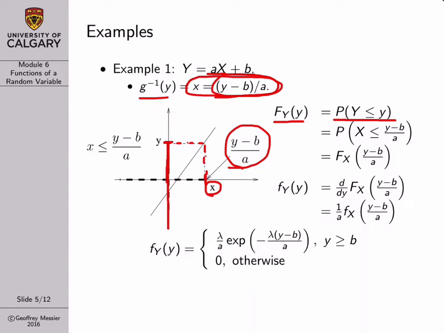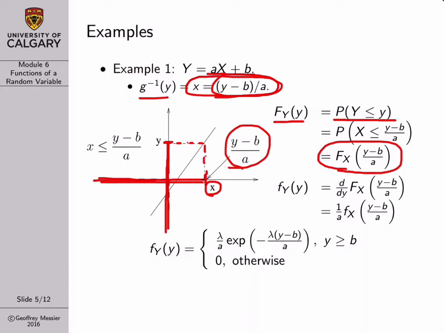So the probability that the random variable y is less than or equal to lowercase y is equal to the probability that the random variable x is less than or equal to y minus b over a, or basically the probability that it lands in this interval, which is just equal to the CDF for x with y minus b over a as its argument.